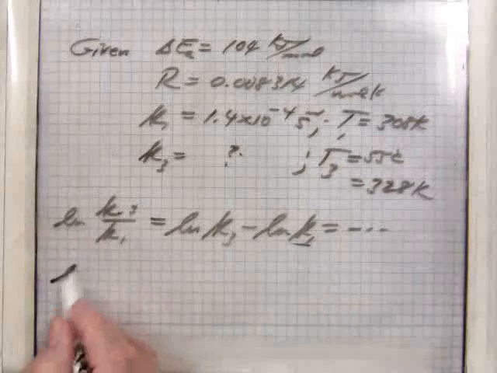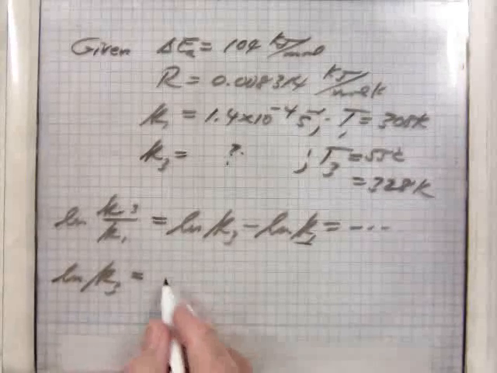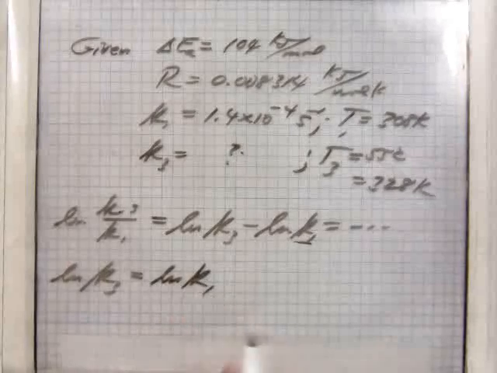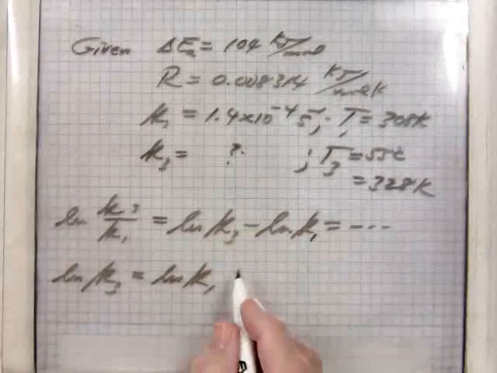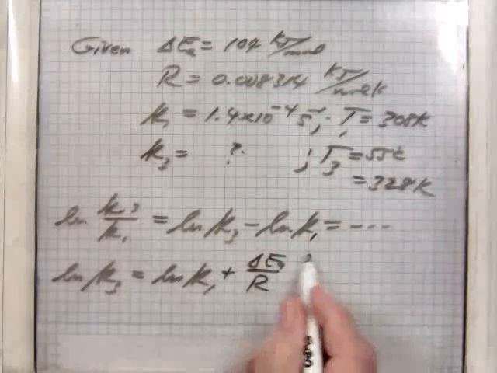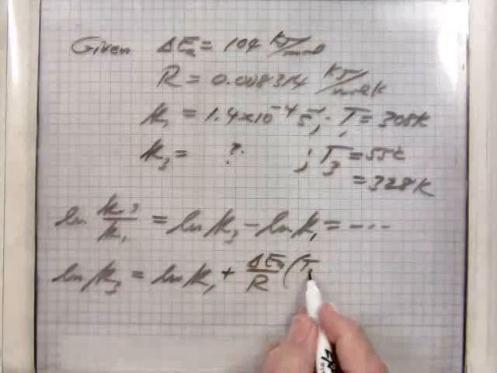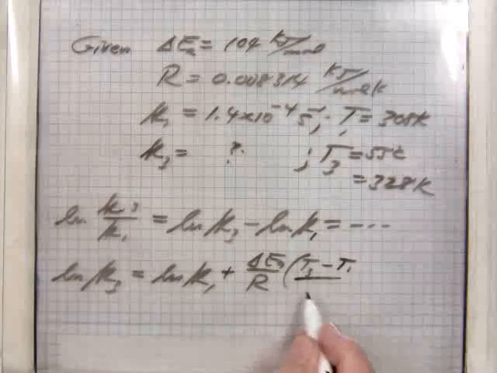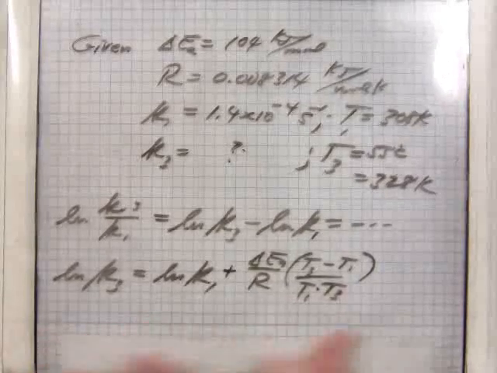So it's ln of K3 equals ln of K1 plus delta EA over R, times T3 minus T1 over T1 times T3. And so you have everything over here.